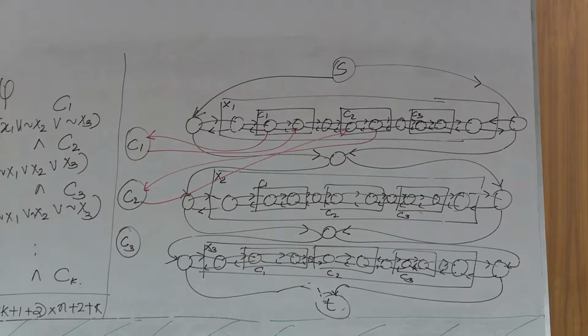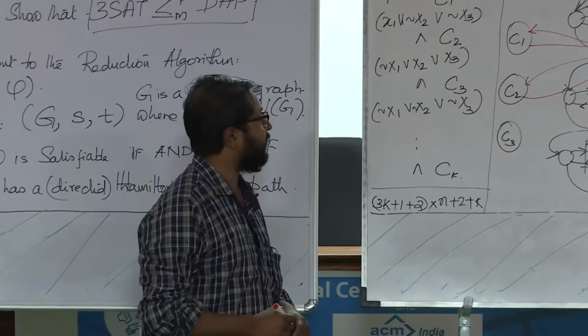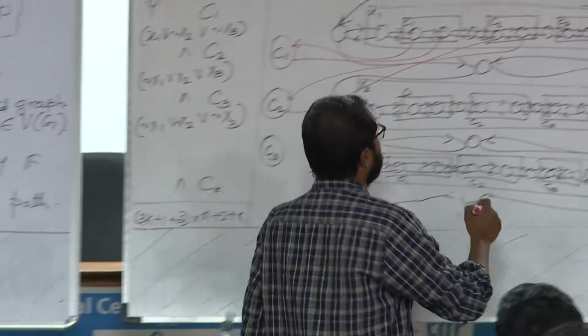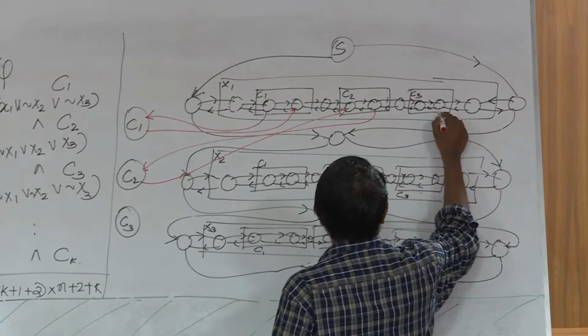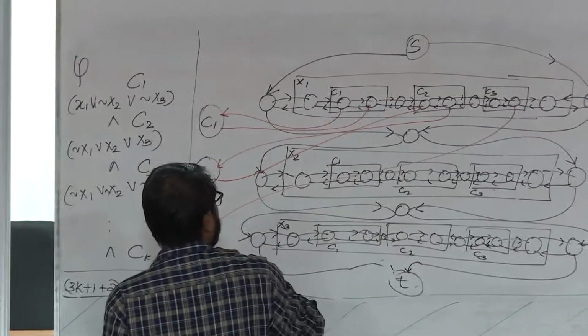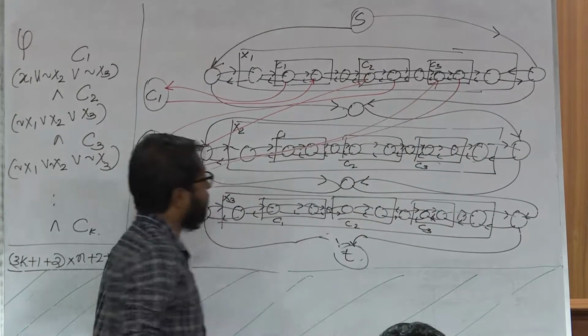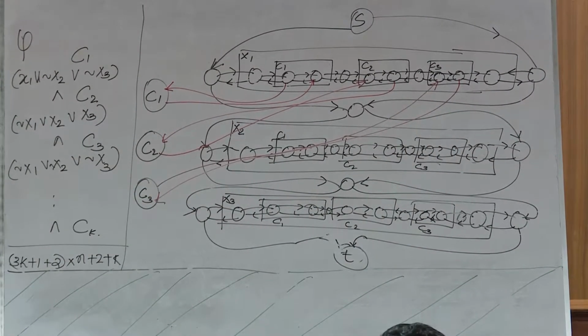Okay. Now, x1 C3 let us look at. What is x1 C3 situation? x1 is appearing in negated form. So, I will put an edge from x1 to C3 and this. Is this connection clear?